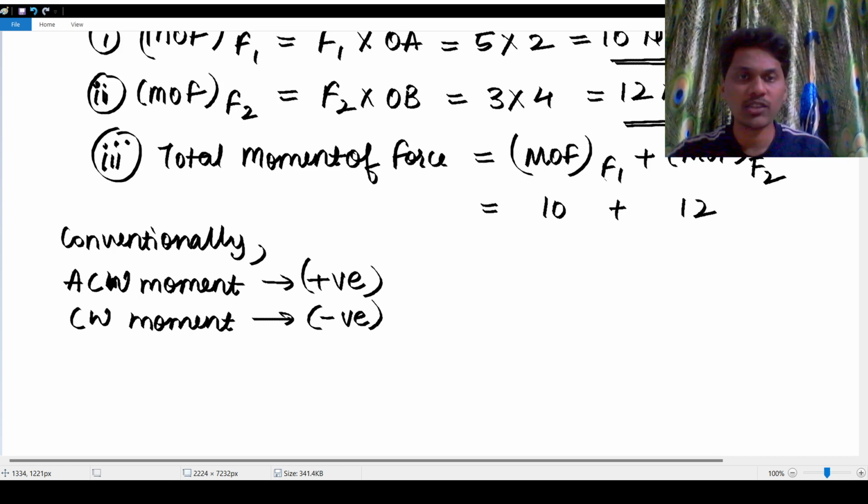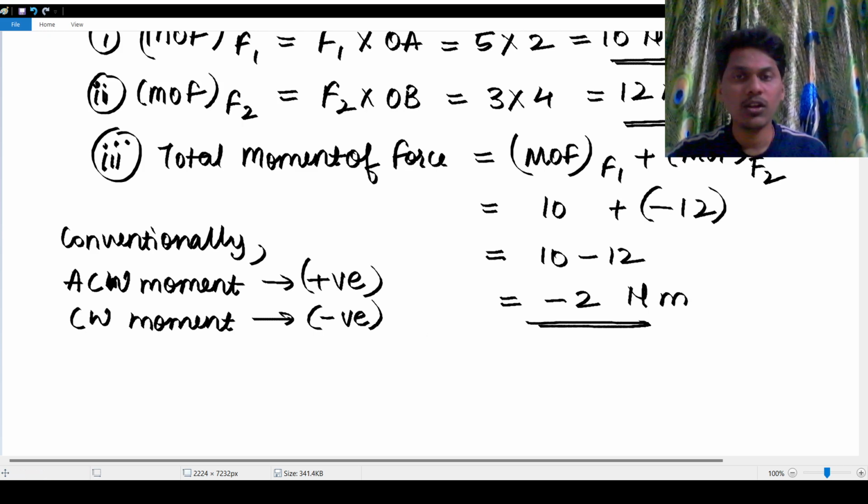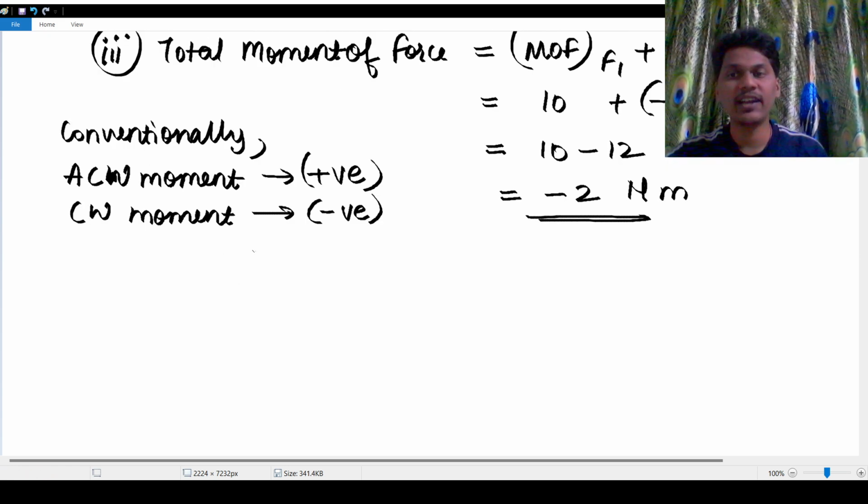So moment of force F1 is an anti-clockwise moment, so 10 will be positive, whereas moment of force F2, which is a clockwise moment, is going to be taken as negative. So my answer will be 10 minus 12, which is equal to minus 2 Newton meter. So total moment of force is minus 2 Newton meter, and this minus sign indicates that it is a clockwise moment.